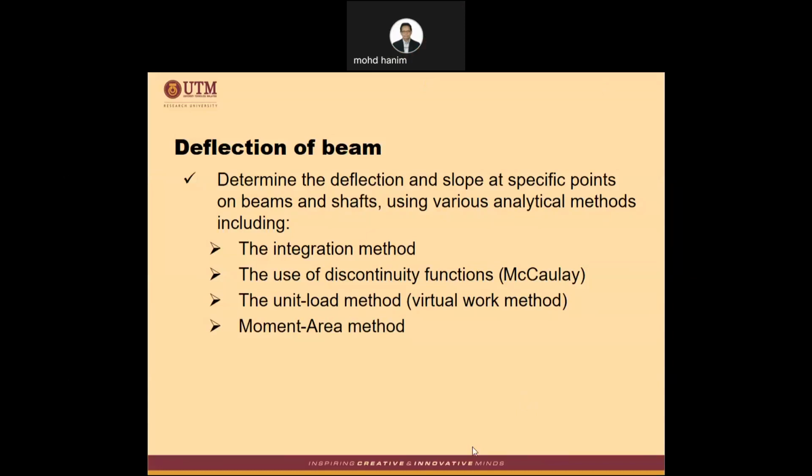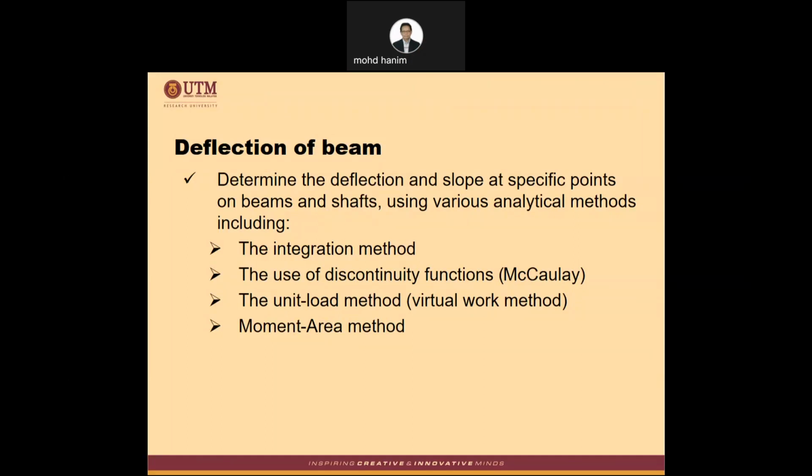is one of the four methods that we use in the analysis of deflection of beam. The first one is the integration method or double integration method, which we have done in the topic of deflection of beam, and then followed by the Macaulay method, which is the modification of double integration method.